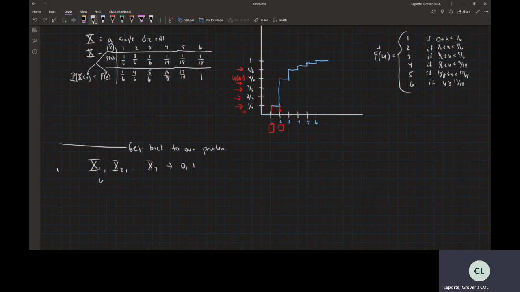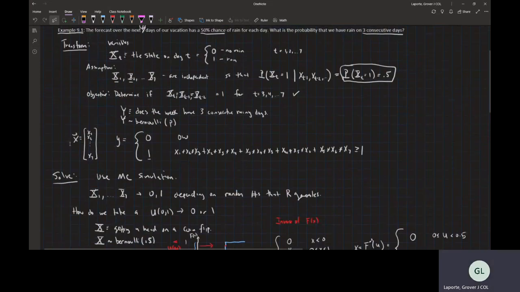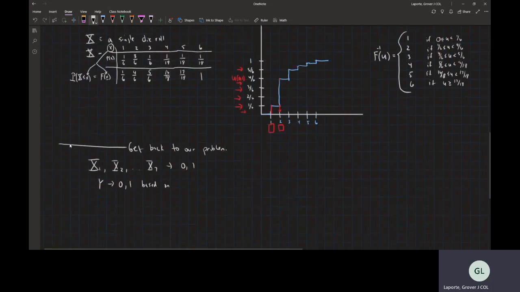And then I'm going to let y be a 0 or a 1 based on our equation here. We'll call this equation 1. And then we'll run a whole bunch of them. Let's run 100,000 of these things.